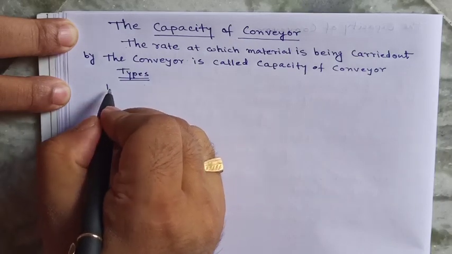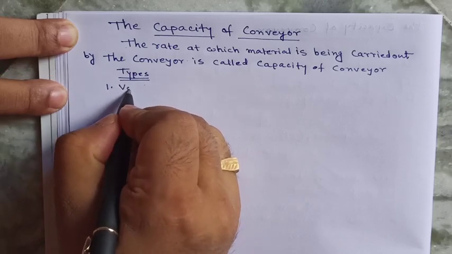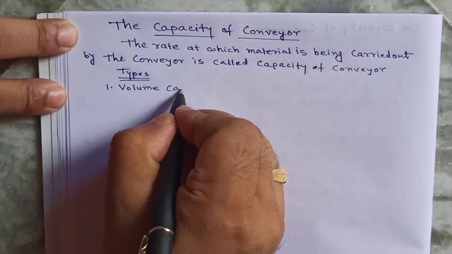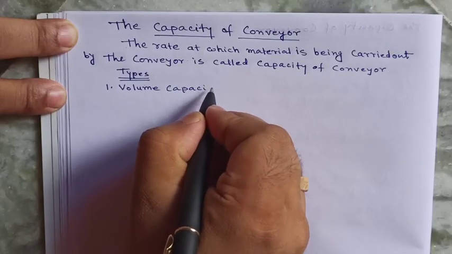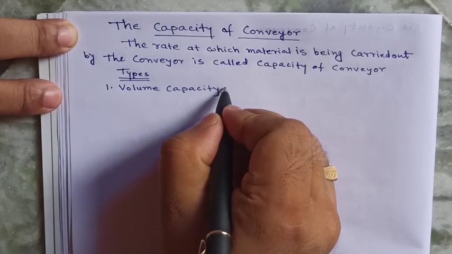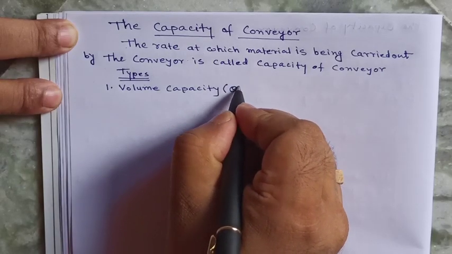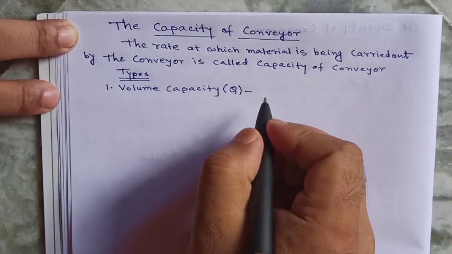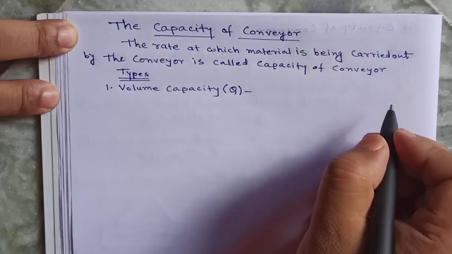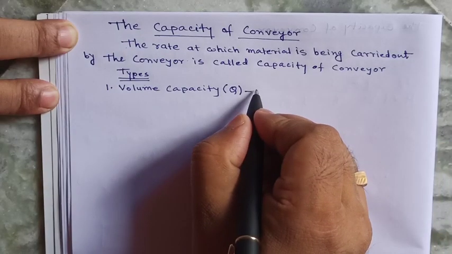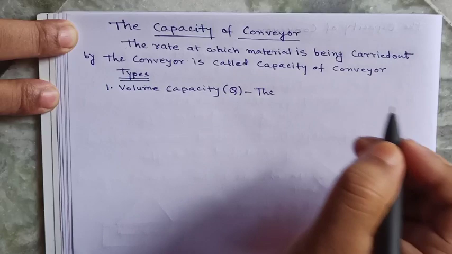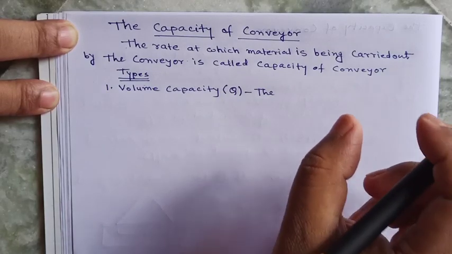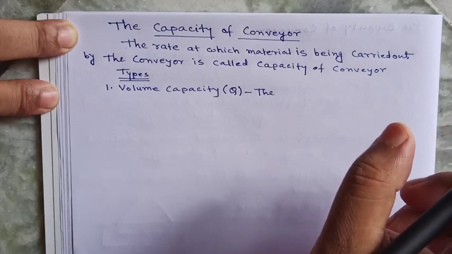One is volume capacity, which is denoted by Q. This is the rate of material that can be carried out by the conveyor. This is the volume of the material that can be transferred by this conveyor. Okay.